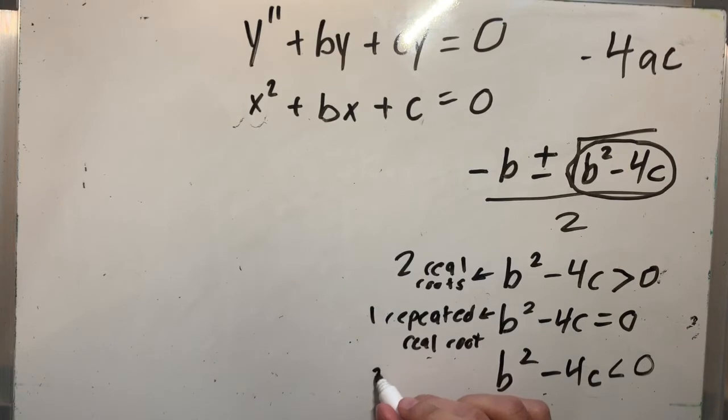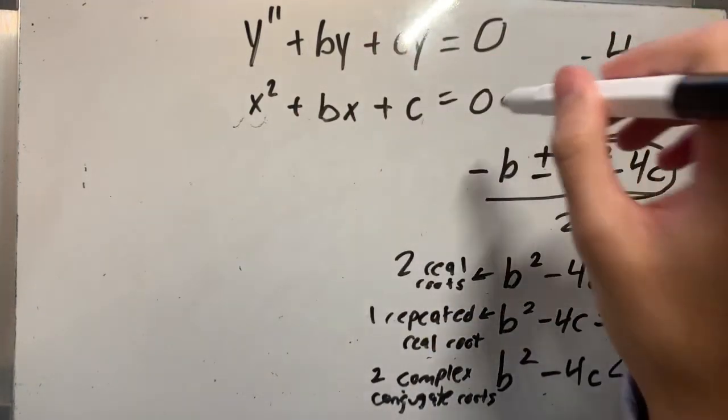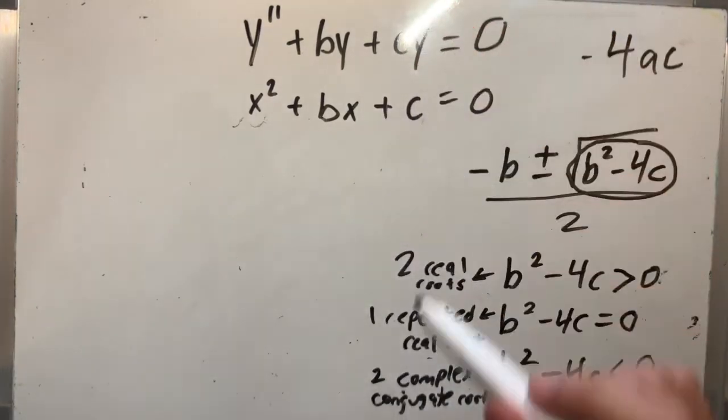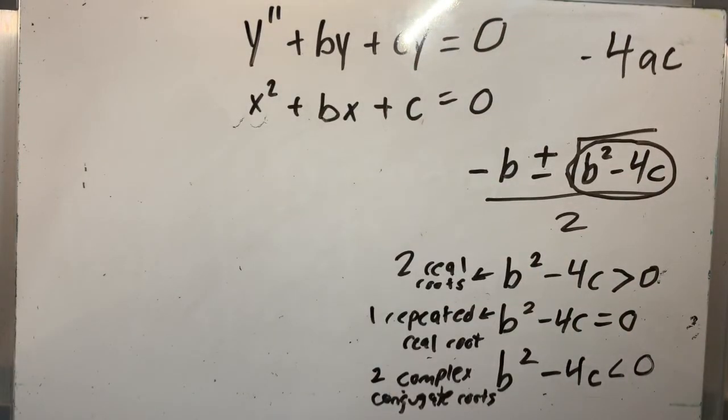It means that there are 2 complex conjugate roots. Okay, so this is only if it equates to 0, has constant coefficients, and is of the second order. It doesn't work for anything else.